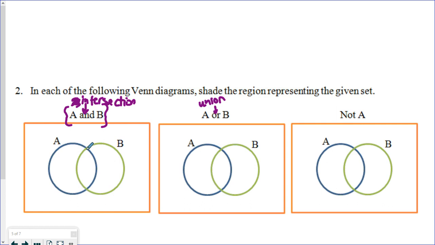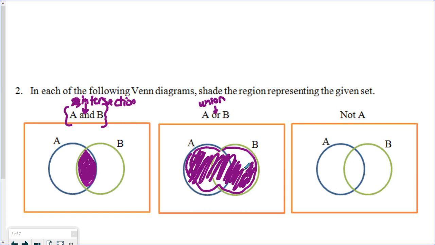So the intersection of A and B is anything that's in A that is also in B. The union, something that's in A or B, would be this whole thing, including the intersection. Because something that's housed within the intersection is in both, but it still is in one or the other.